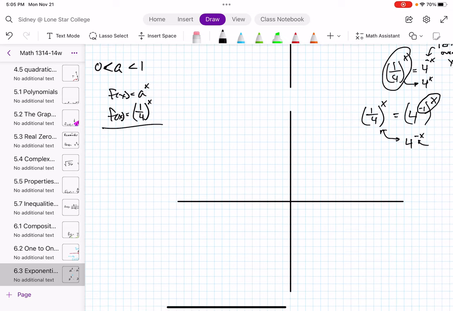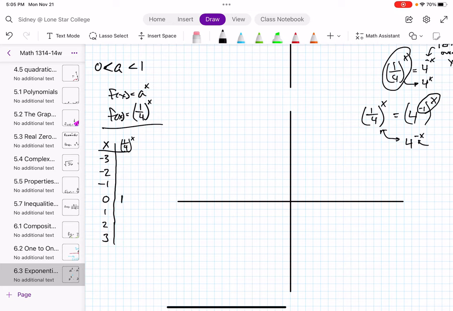So if we make a table, I have x, and then I have 1/4 to the power of x. And we're going to look at those same values, -3, -2, -1, 0, 1, 2, 3. Well, let's start real easy. To the power of 0 just means 1.